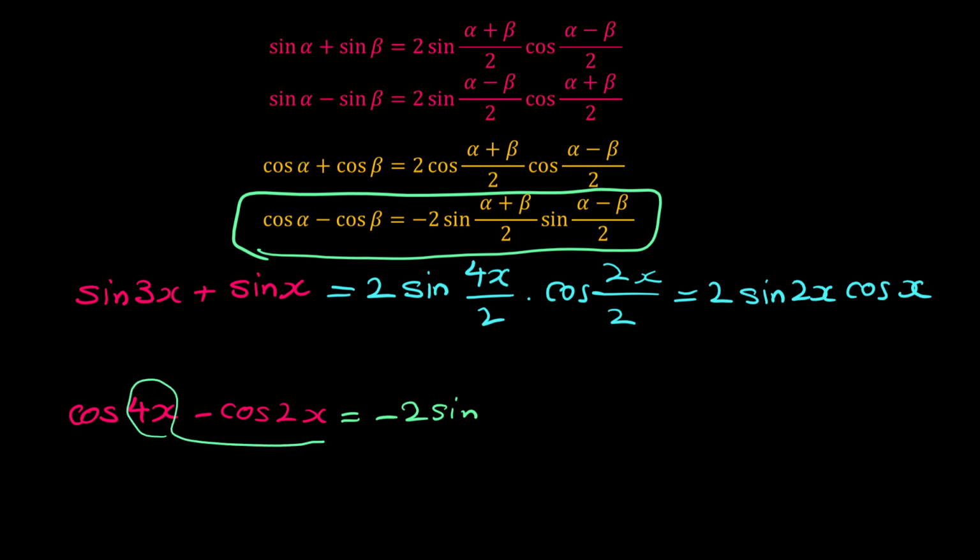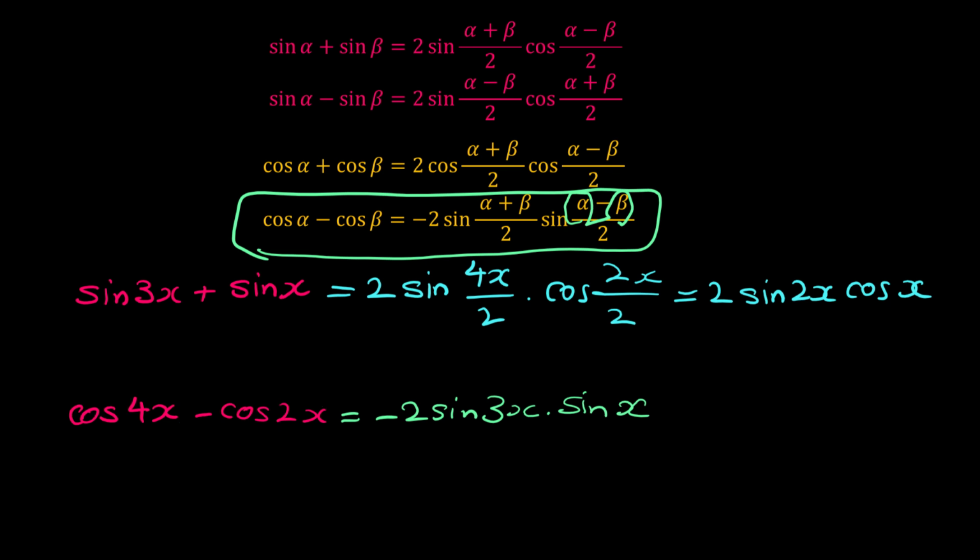What is the sum of 4x and 2x? 6x divided by 2 would be 3x. Sine of the difference of the angles, 4x minus 2x. Attention, you have to subtract beta from alpha. So you have to subtract 2x from 4x. 4x minus 2x is 2x. 2x divided by 2 would be x. So this is the final answer for this question.